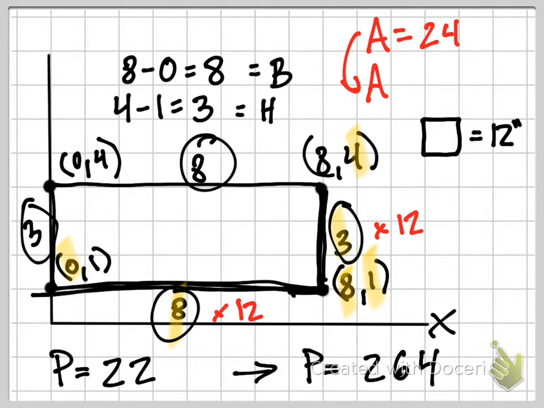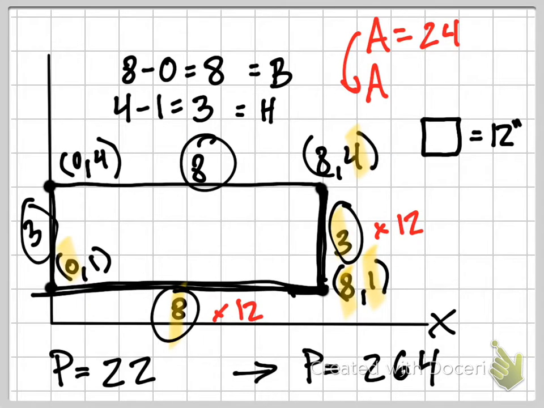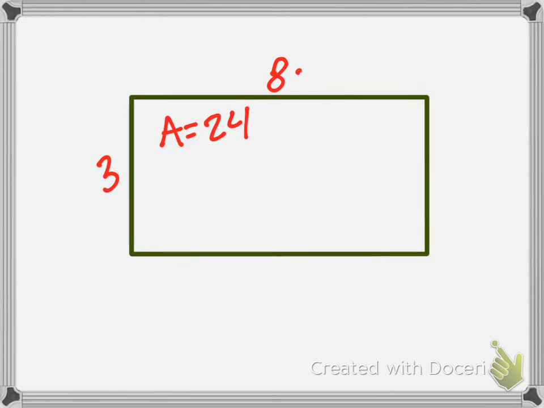Let's check that. Got my nice little rectangle. I had it 8 and 3, and my area was 24. But now I'm increasing each side, multiplying it by 12, just like what Diana said with our perimeter. So I multiply each side by 12.